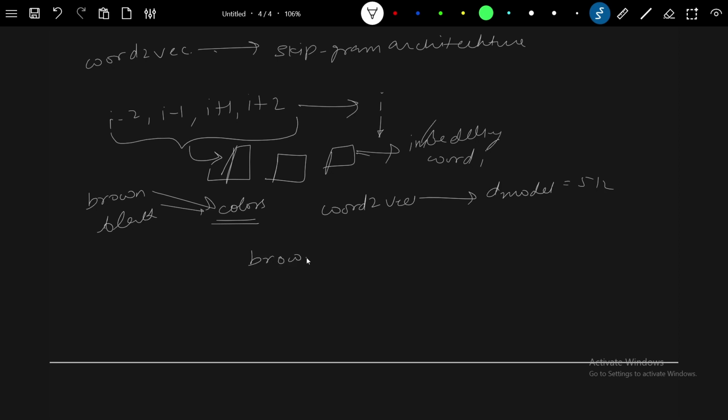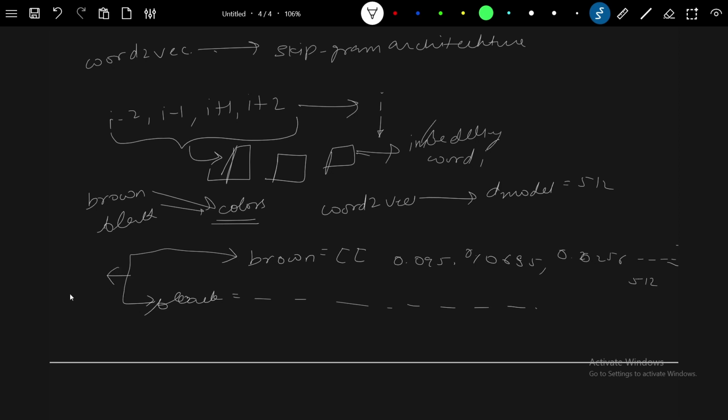So let us say brown has an embedding like 0.095, 0.10695, 0.0256, and this keeps on going for 512 values, and similarly black is also somewhat similar, right? We want these two embeddings to be similar, because it should be intuitive from the embedding itself that these two things belong to the same family, which here is color.